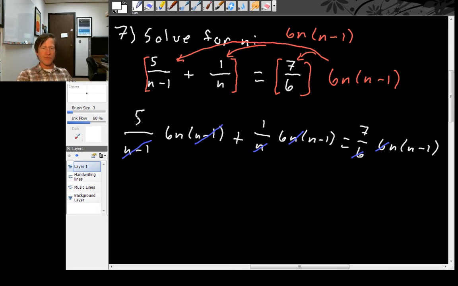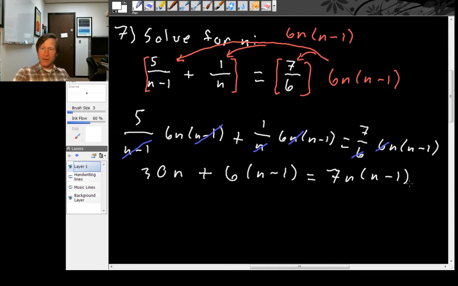In this first term, 5 times 6 times n, that's 30n, plus, in the second term, we have 1 times 6 times n minus 1, so that's 6 times n minus 1. And then on the right-hand side, we have 7 times n minus 1, so 7n times n minus 1. And you can see all of the denominators are gone now. So all we need to do is multiply everything out, move everything to one side, factor, and so on.